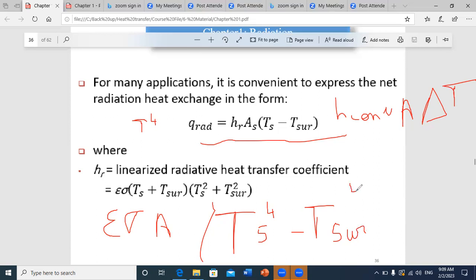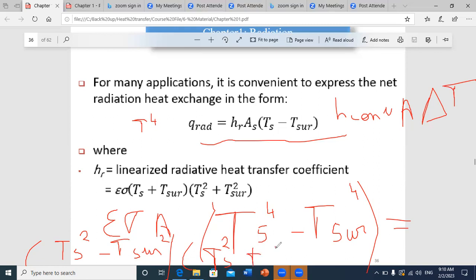This is a to the power 4 minus b to the power 4, so mathematically it equals (T surface square minus T surrounding square) times (T surface square plus T surrounding square).